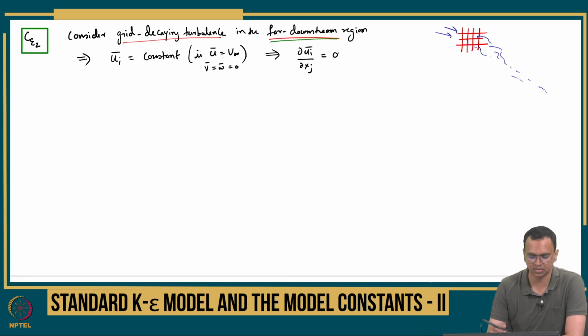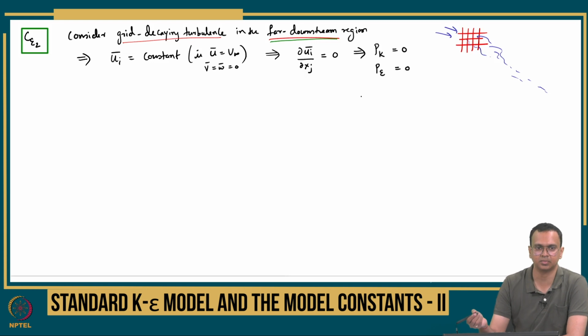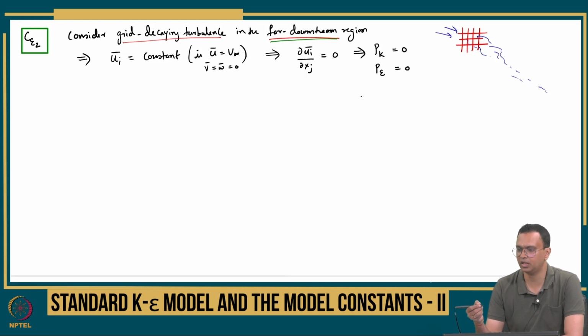So when dou ui bar by dou xj is 0, or the strain rate is 0, this gives basically your Pk, the model, I'm only looking at the model equation, not the exact. So Pk will be 0, and P epsilon will obviously be 0 because P epsilon is a function of Pk only.